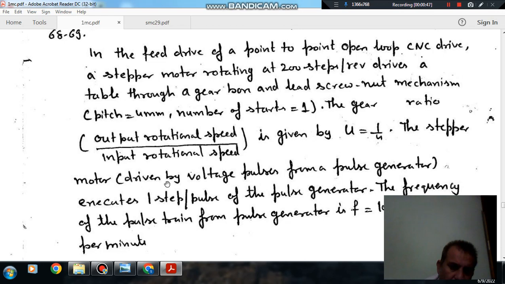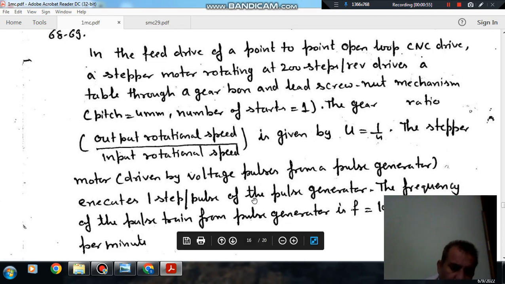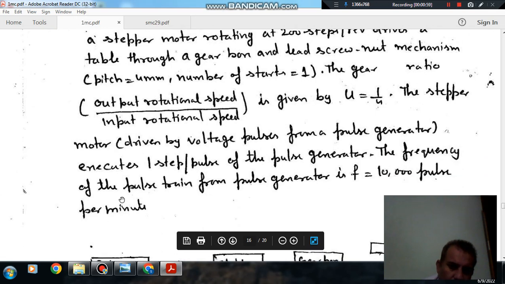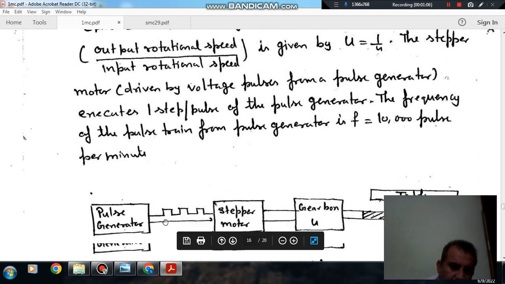The stepper motor, driven by voltage pulses from the pulse generator, executes one step per pulse. The frequency of the pulse train from the pulse generator is F = 10,000 pulses per minute.